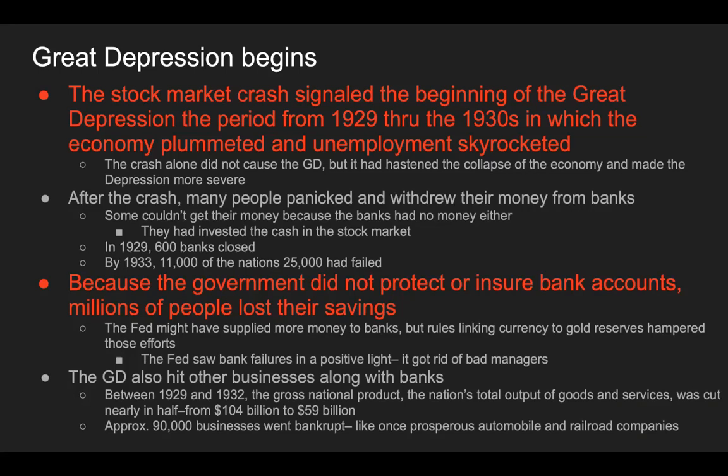Because the government did not provide protection or insurance of bank accounts, millions of people lost their money. The Fed might have supplied more money to banks, but there were rules linking currency to gold reserves that hampered those efforts. The Federal Reserve, if you don't know, they can cure our economy like that.